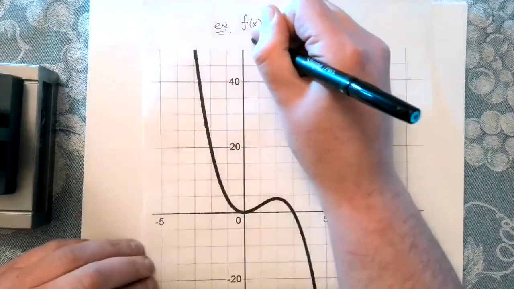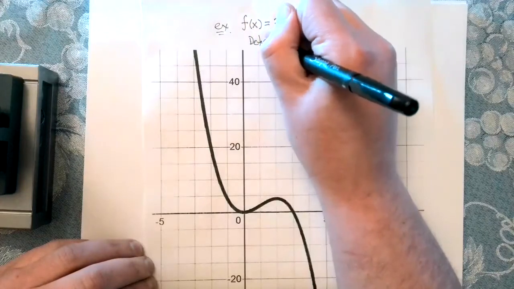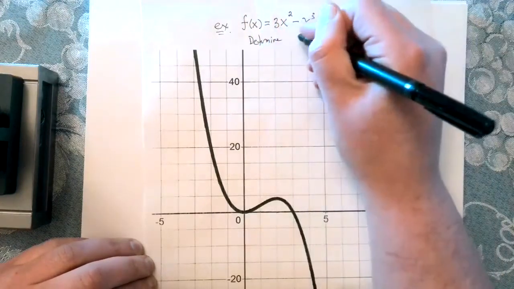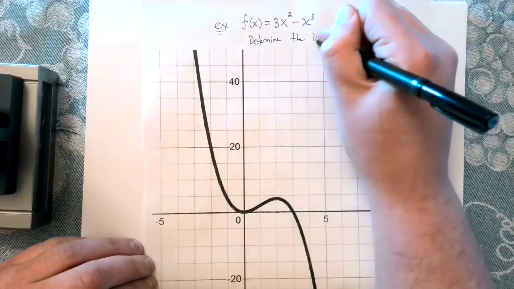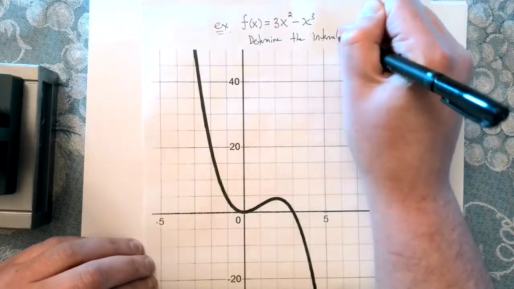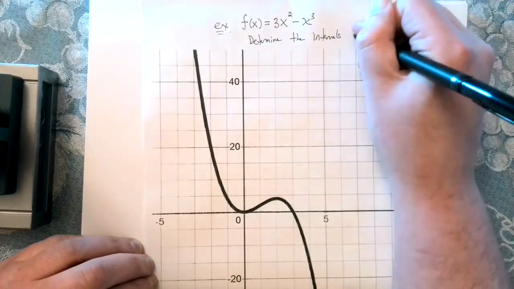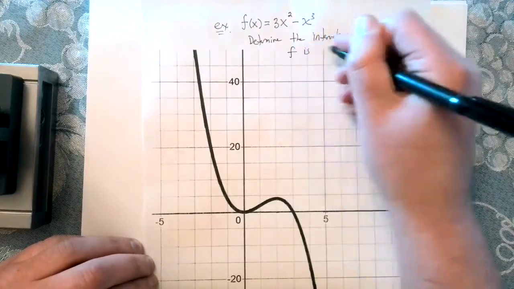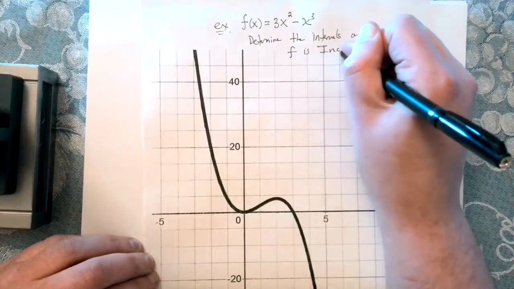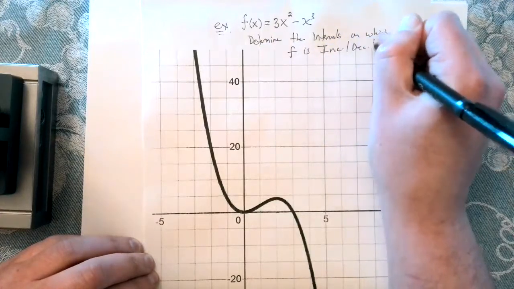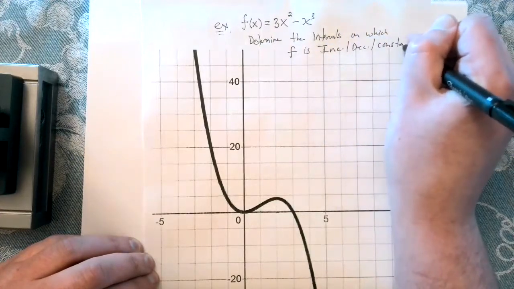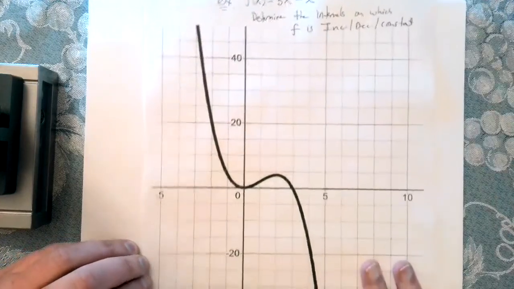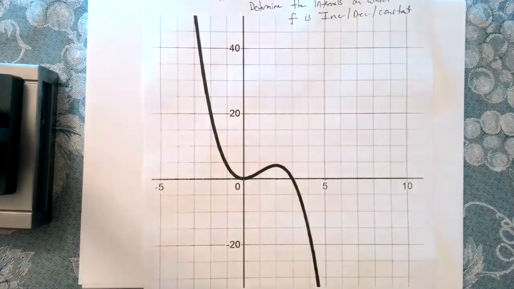And we want to determine the intervals on which f is increasing, decreasing, and constant. And of course, we're reading from left to right. Okay, so let's take a look.